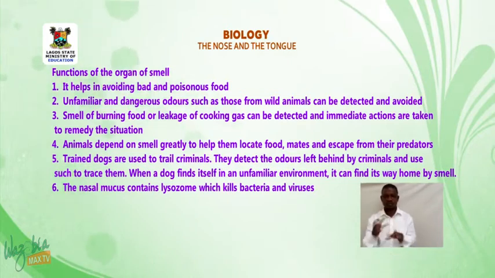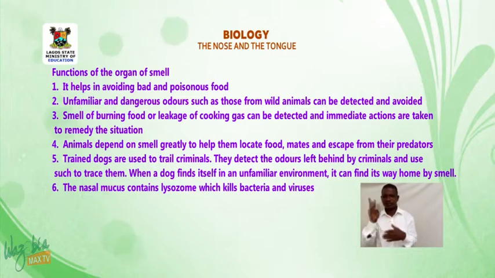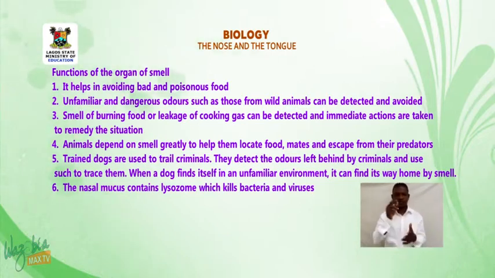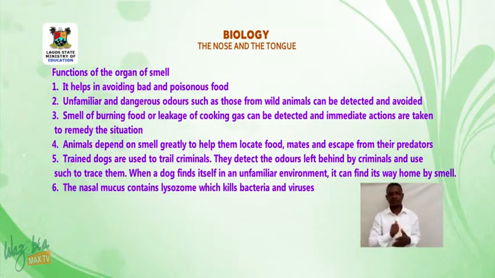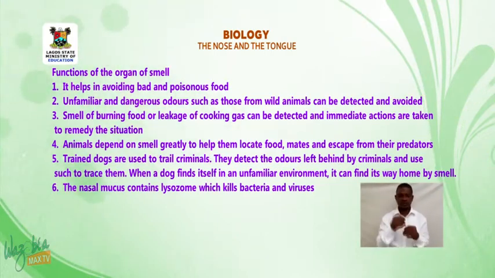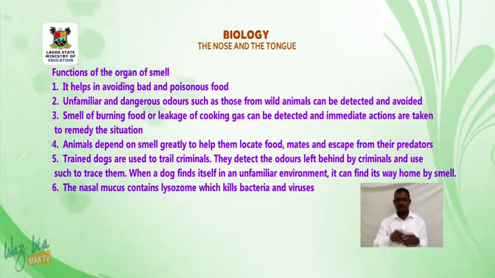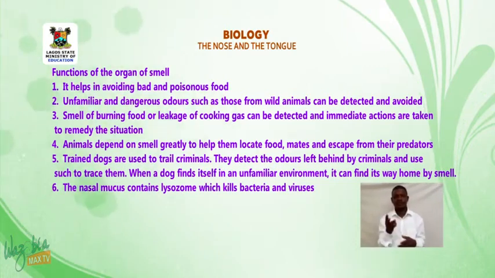So through that, you can see them detecting the odors left behind by the criminals, and they can trace them back to where they are. So when a dog finds itself in an unfamiliar environment, it can find its way home by smell.